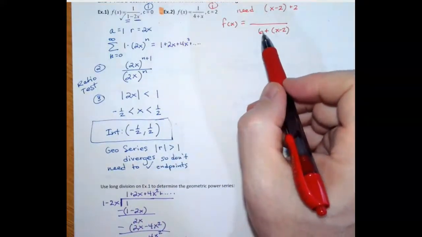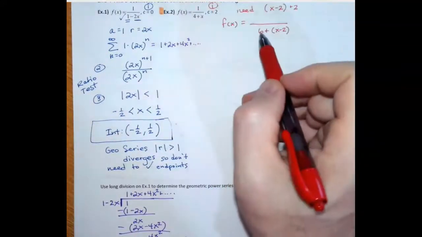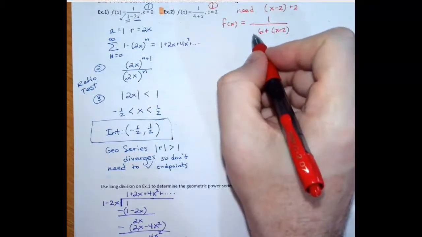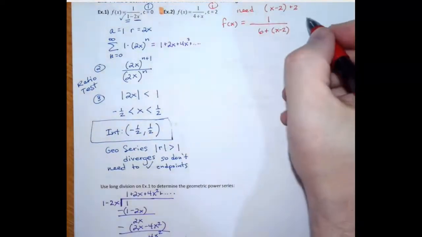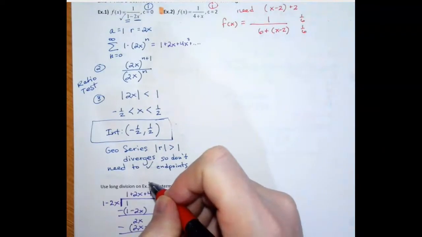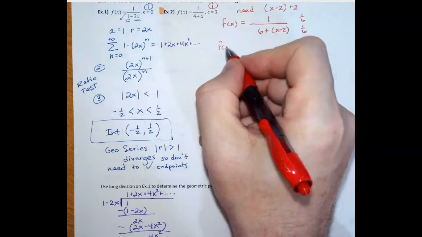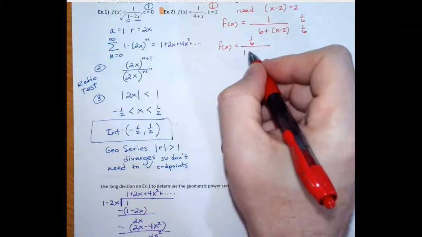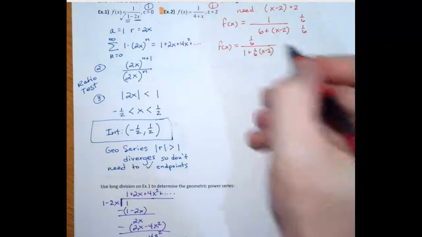Now, we want a 1 here, as it said. So, in order to get a 1 there, I'm going to need to multiply 1/6 in both of these places. So now, our function is 1/6 over 1 plus 1/6 x minus 2.